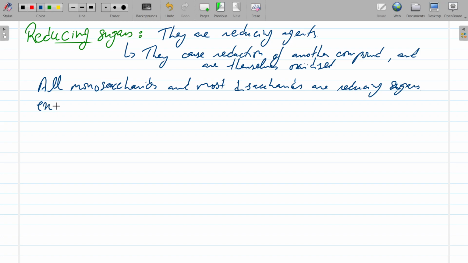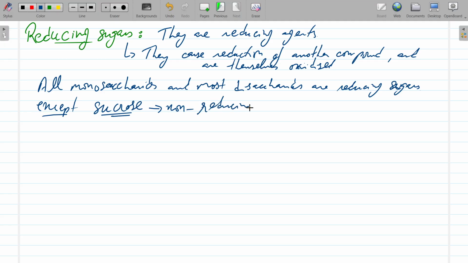Except, so this is the one that you really need to know, sucrose. So our friend sucrose, right? Table sugar, white sugar, whatever you want to call it, right? It is non-reducing. So it does not act as a reducing agent.